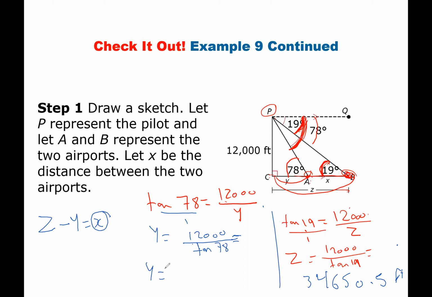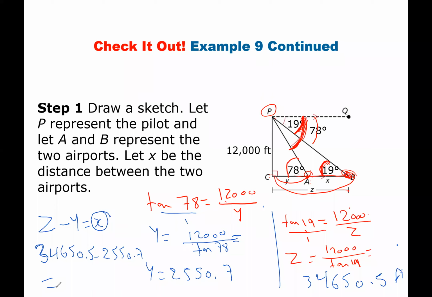Okay, check the answer, please. 2550.7. So the distance between them will be 34,650.5 minus 2550.7 equals, find the result. Did you find the result?